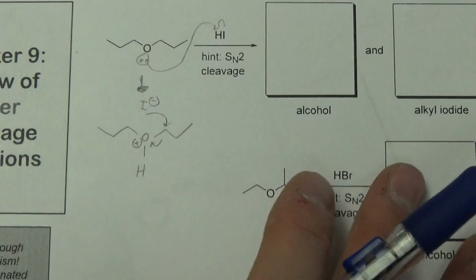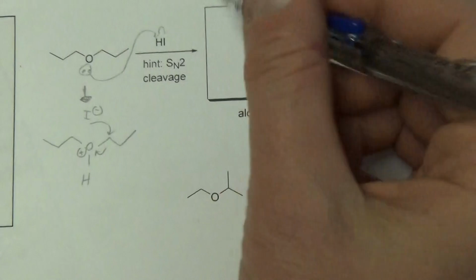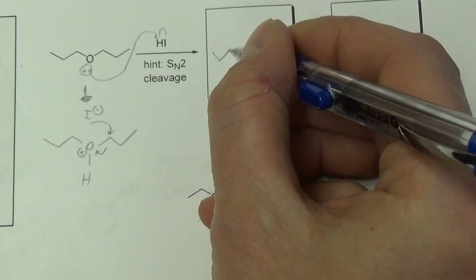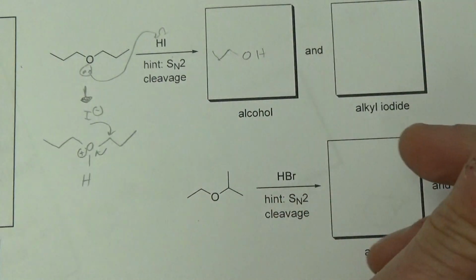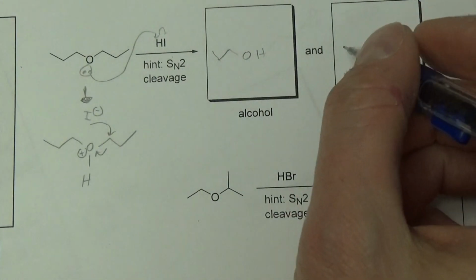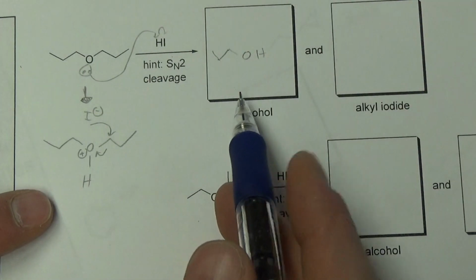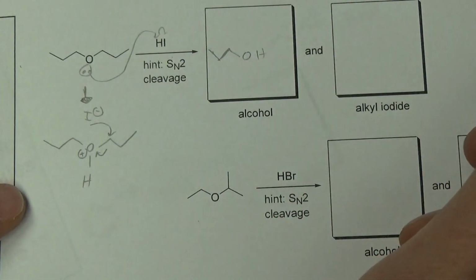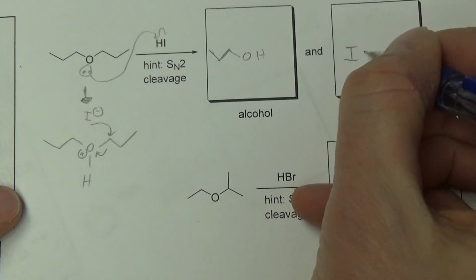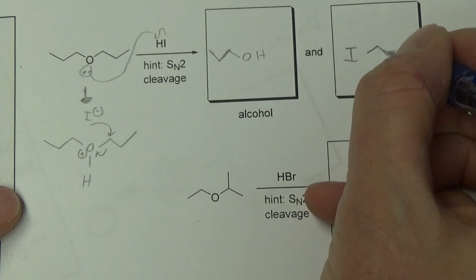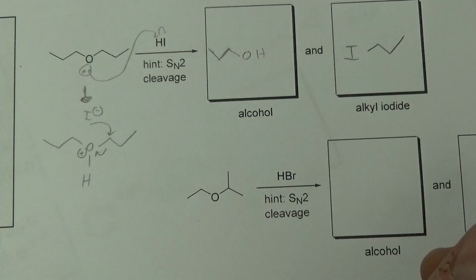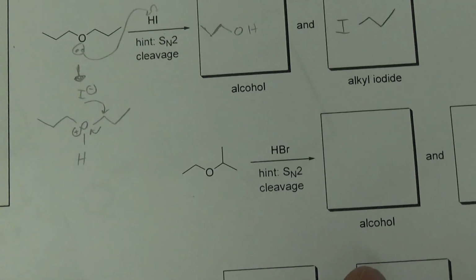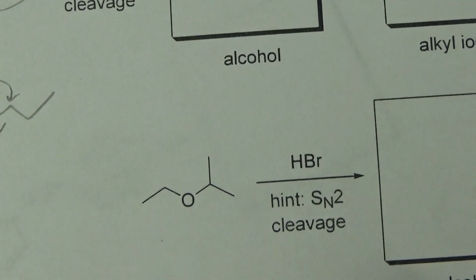That was easy, right? I'm just being consistent in the structures, that's not really that important. 3 carbon alcohol and 3 carbon alkyl iodide. Great.